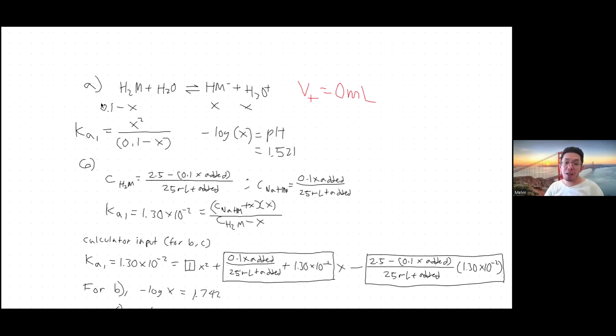Anong H3O plus mo for letter A? Leading you to your pH, which is 1.521 is your answer. By the way, this is correct. This is also the same pH that I've got. So, ang hinahanap ko na lang dito, Josh, ay ano ang H3O plus mo for this item? What's your H3O plus, Josh?